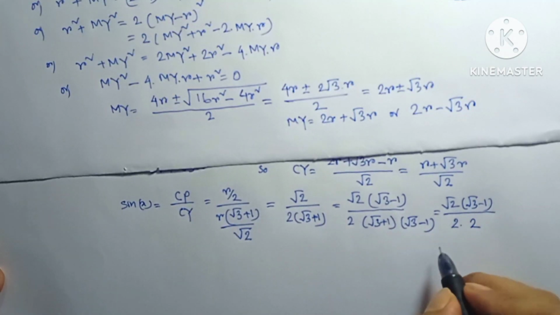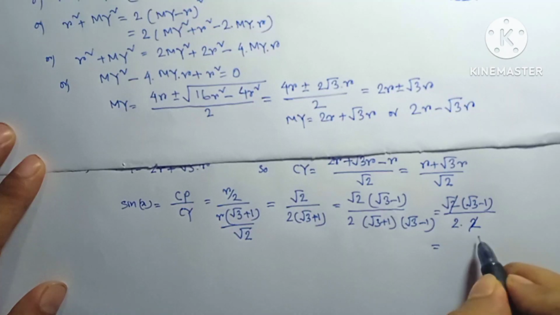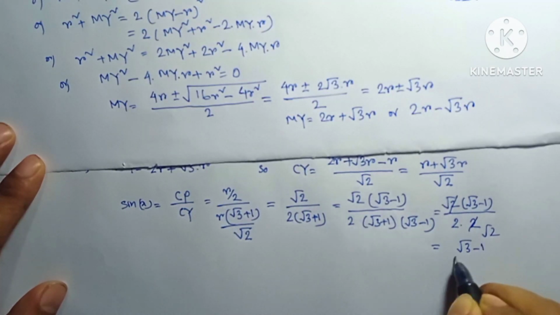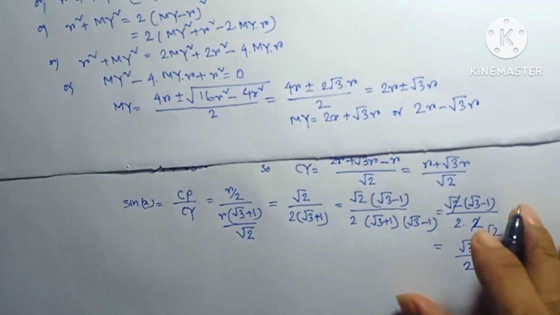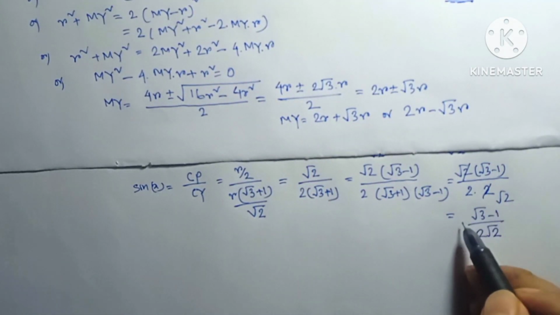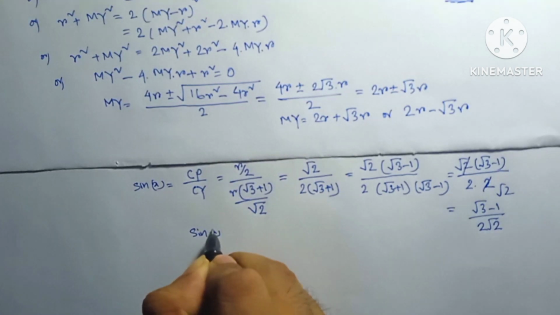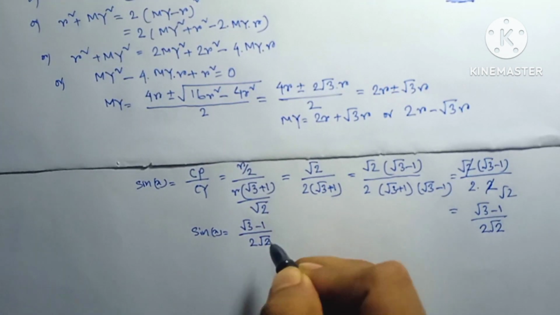So sine of x is equal to root 3 minus 1 by 2 root 2.